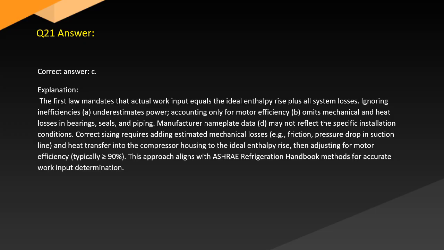Correct sizing requires adding estimated mechanical losses, e.g., friction, pressure drop in the suction line, and heat transfer into the compressor housing to the ideal enthalpy rise, then adjusting for motor efficiency, typically around 90%. This approach aligns with ASHRAE Refrigeration Handbook methods for accurate work input determination.